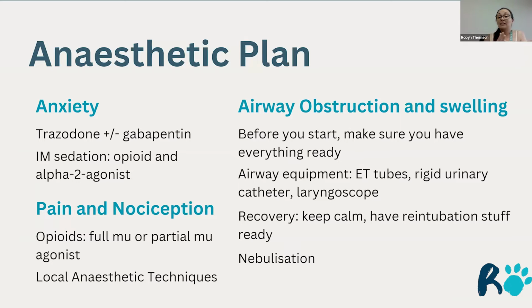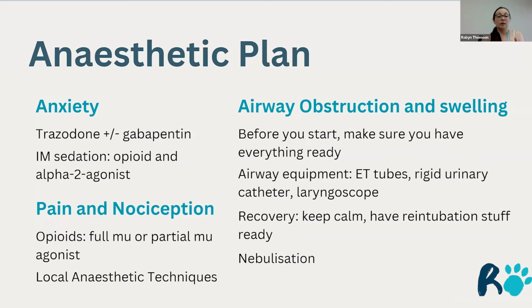So what we ideally want to do is have them be sedated quite quickly so that we can then get that IV in, and then we can get that airway secured, and make sure that we are in a happy place with that patient.